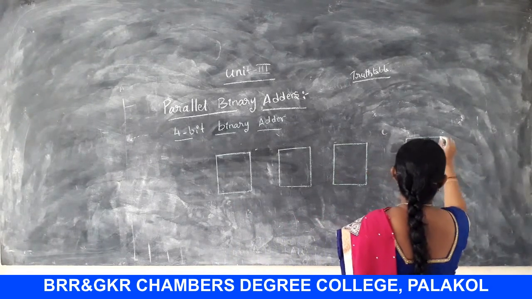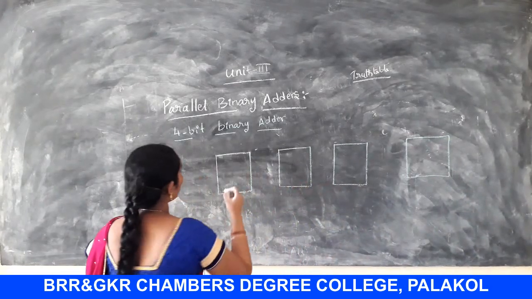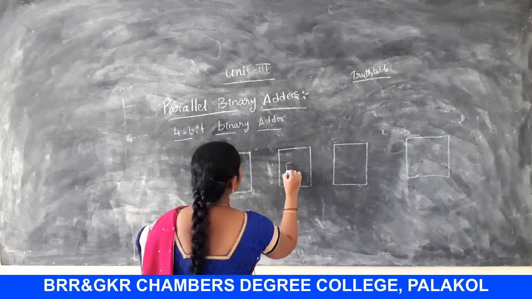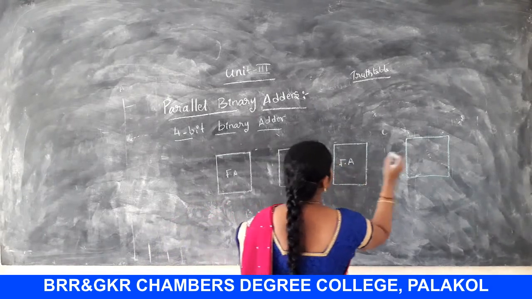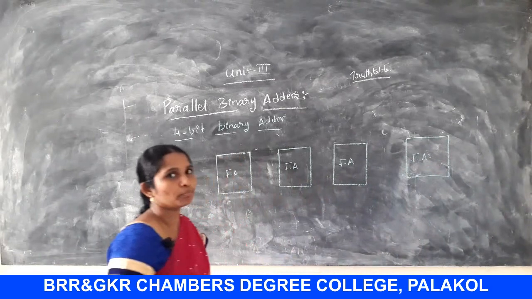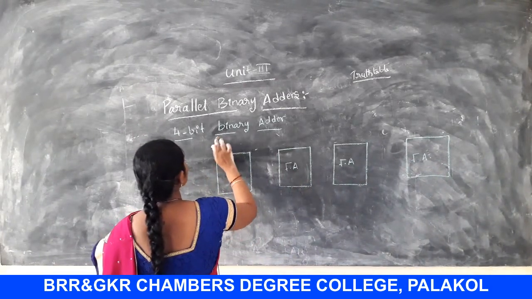How many full adders do you consider? Those are the 4 full adders. Now, I will add 4 binary bits here.